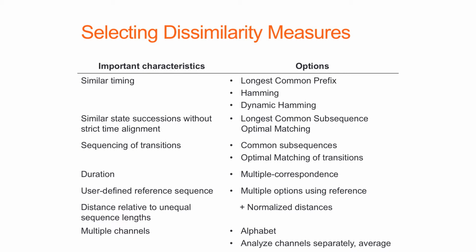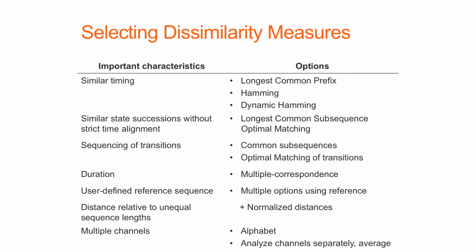If what's important is similar state successions without a strict time alignment, then Terminer can calculate a longest common sequence optimal matching kind of matrix. If what's important is sequencing of transitions, then you can look at common subsequences or optimal matching of transitions. If duration is important, there are multiple correspondence methods.